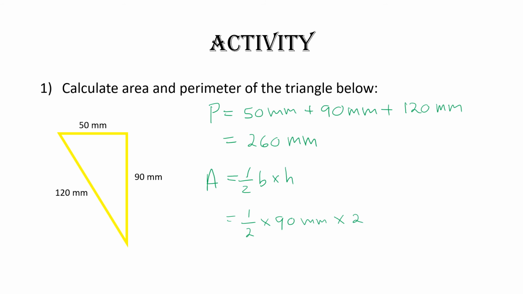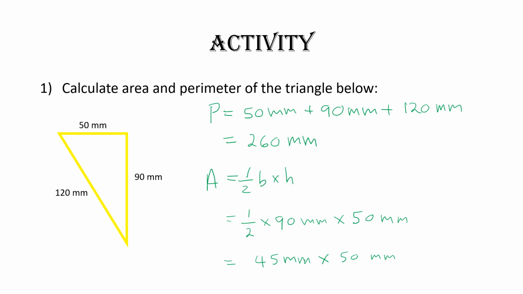Half of 90 is 45 millimeter, multiplied by 50 millimeter.